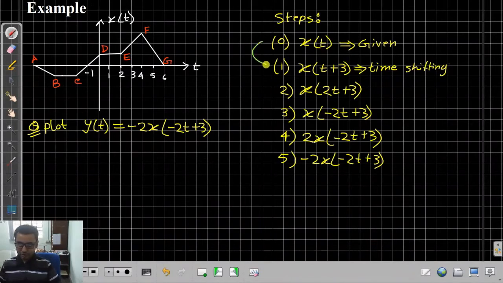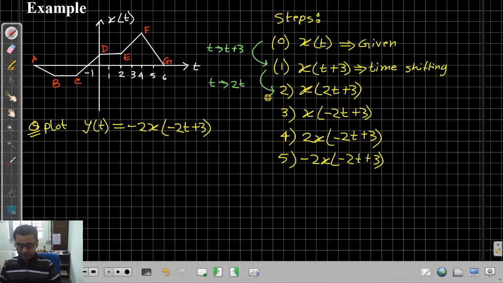So from here to here we make t as t plus 3. Then from here to here, what is happening to t? T is becoming 2t. Always note what is happening to this variable t. That is the key point.